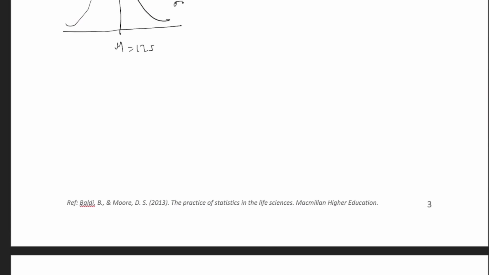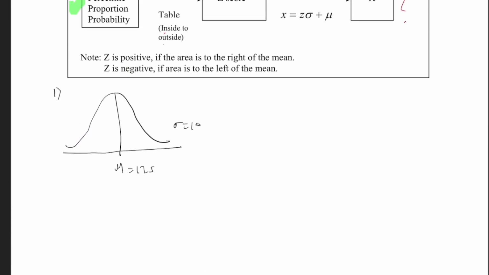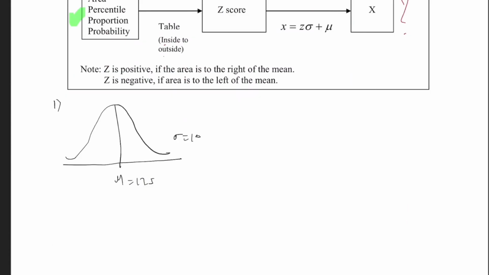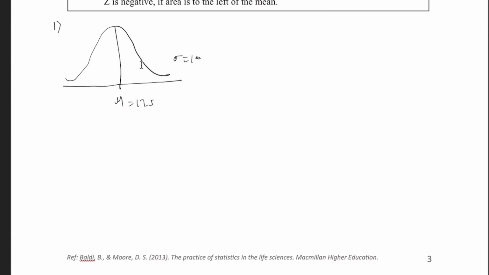I can write sigma over here, which is 10, and then 0.05 and larger than L. So L is located in such a way, let's say this is L, or you can also call it X, that this particular area is 0.05.